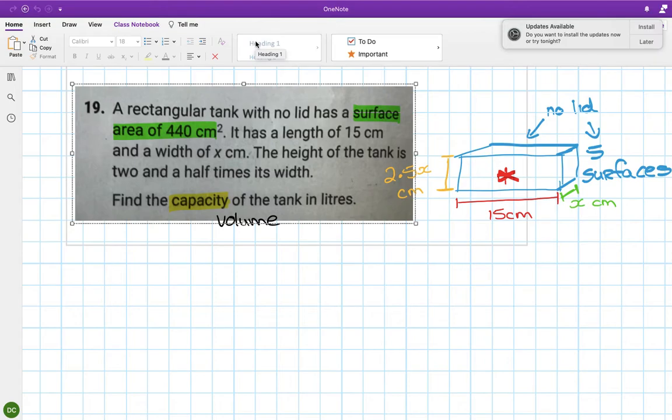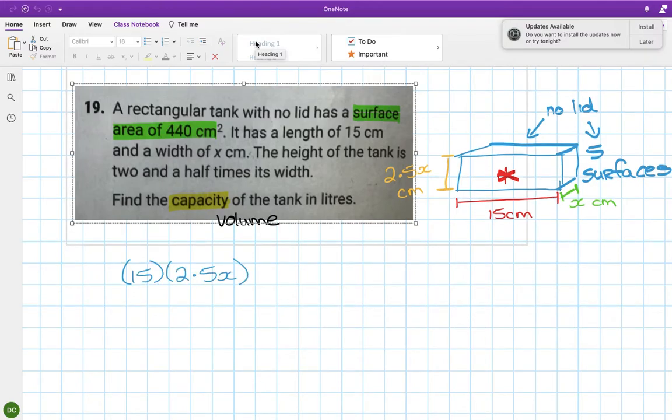Okay, so we'll start with this surface here. So that surface is 15 times 2.5x, and there's 2 of those surfaces, the front and the back. Yeah? This little one here at the side, see that one?